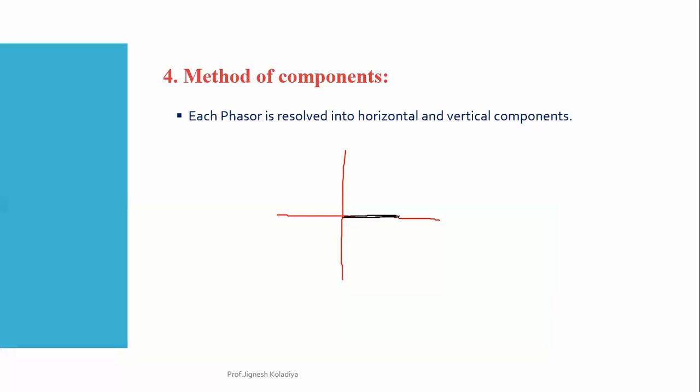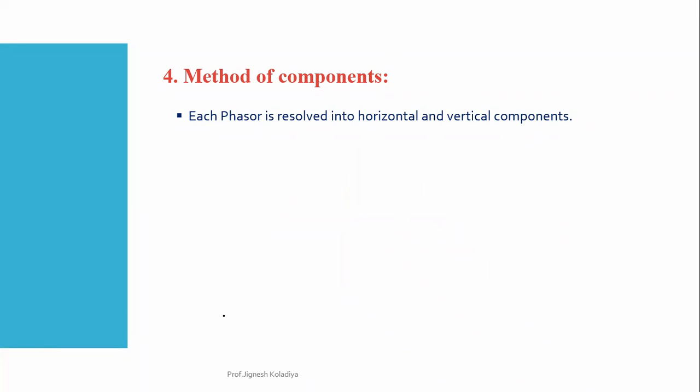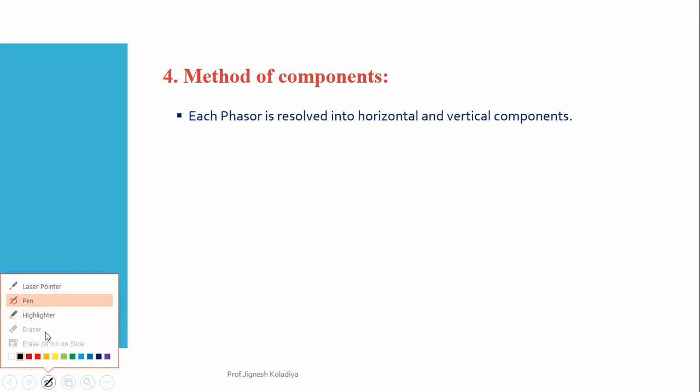If the vector or phasor is lying on the x-axis, and let us say it is Im. Now can anyone tell me the x and y components of this? What is the x and y component? I am drawing once again.